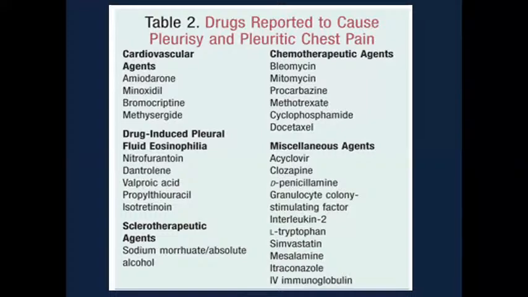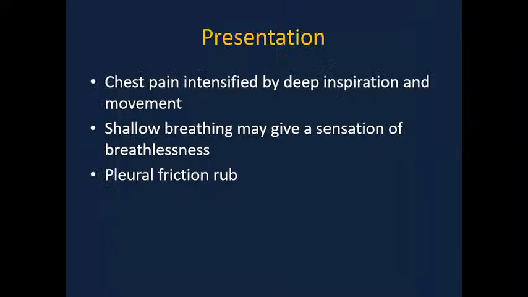Other agents commonly used that can give you a pleural pain include acyclovir, clozapine. You run all the way down to simvastatin, which is a cholesterol-lowering agent used fairly commonly, itraconazole and fungo, and IV immunoglobulin, which is also fairly commonly used.